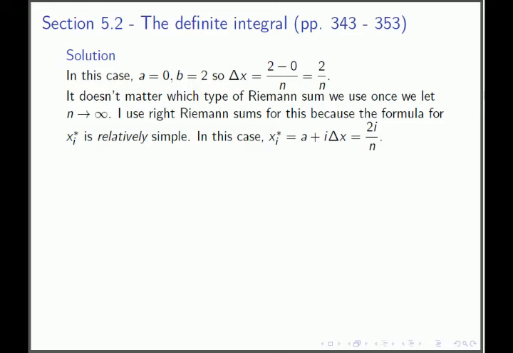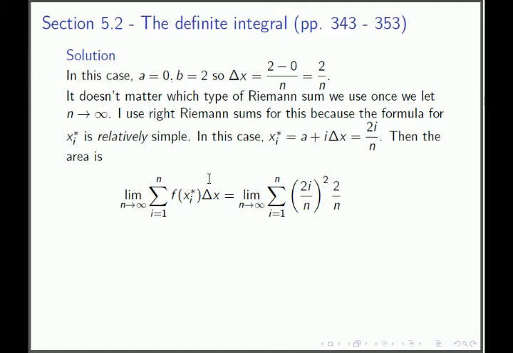Left, right, or midpoint makes no difference. So I use the right endpoint Riemann sum for this because the formulas for the sample points become relatively simple. a plus i delta x. Okay, in this case a is 0, delta x was 2 over n, so the sample point x sub i star is equal to 2i over n.